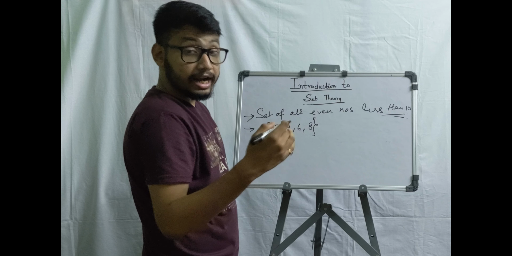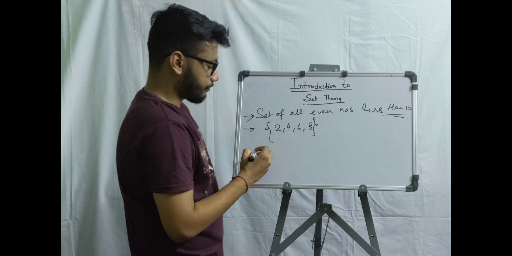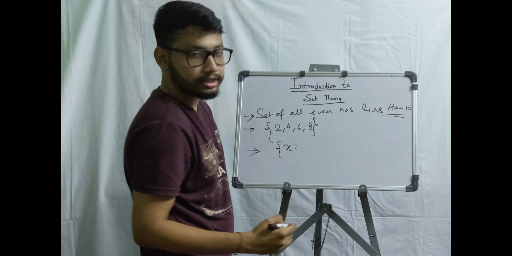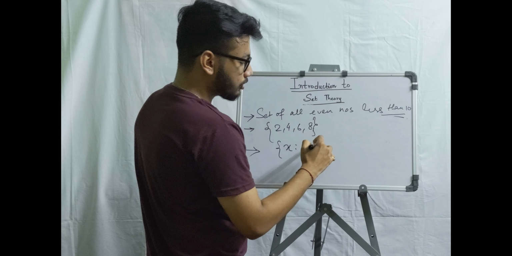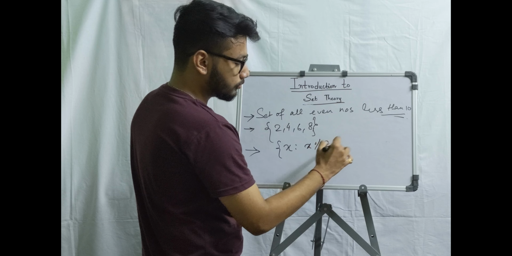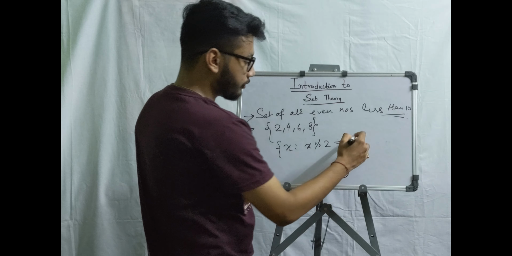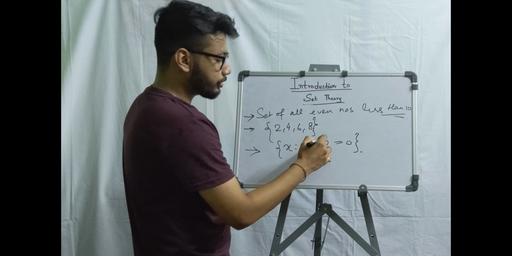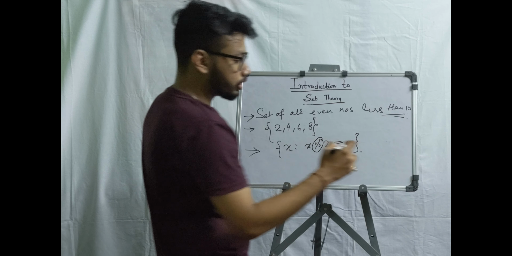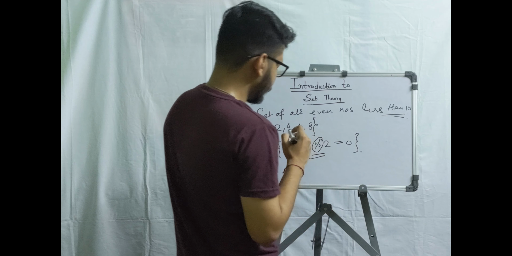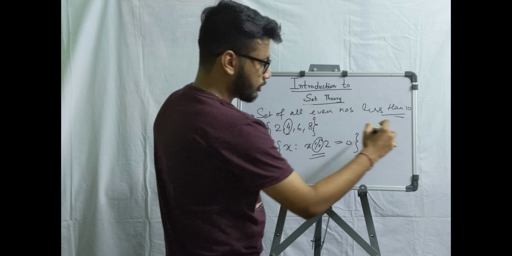Now, how do I write it in the set builder form? We write it in this way: x such that x modulus 2 equals 0. Now, what do you mean by this modulo operation? The modulo operation will basically give you the remainder. For example, I take the number 4.